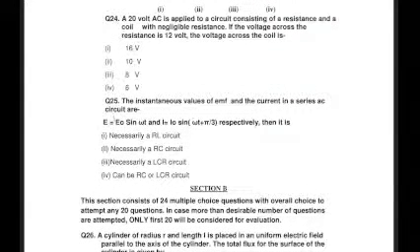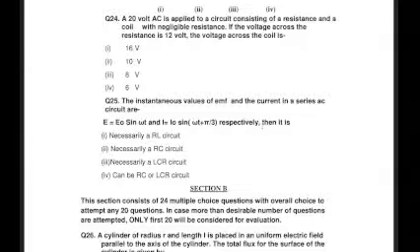Question number 25. The instantaneous values of EMF and the current in a series AC circuit are E = E0 sin ωt and I = I0 sin(ωt + π/4) respectively.